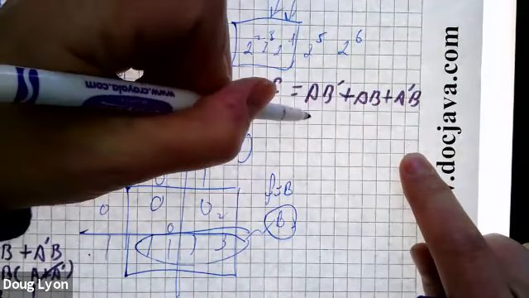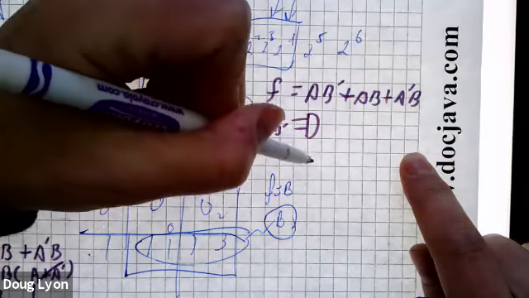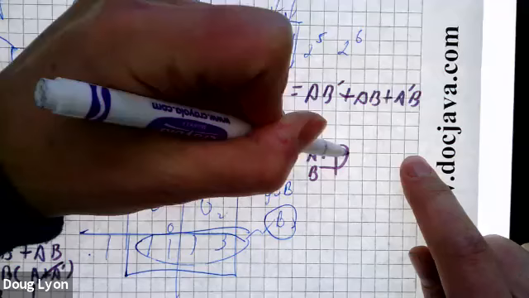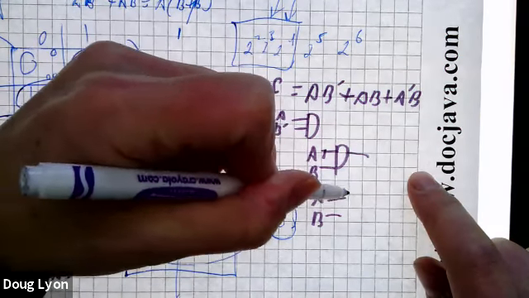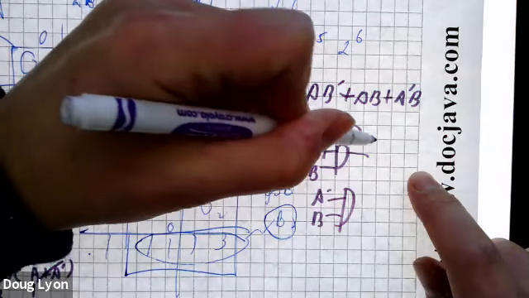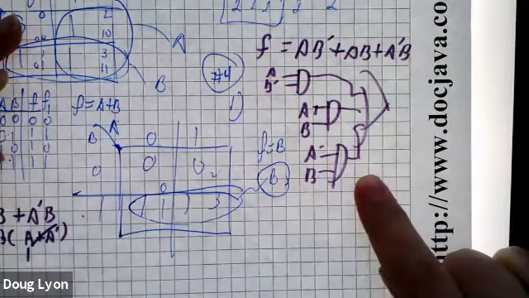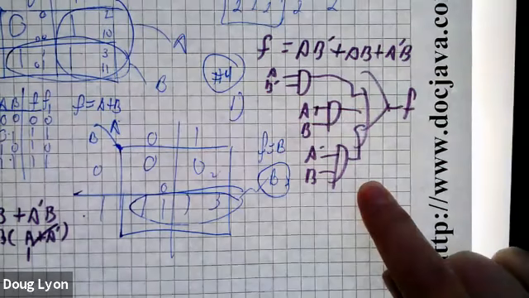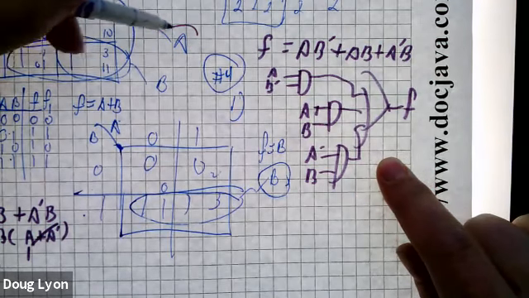I can write this out. So this is not a minimal form. It is a correct expression for F, and there's nothing wrong with it. It's just not minimal. Now let's try and come up with the minimal form.